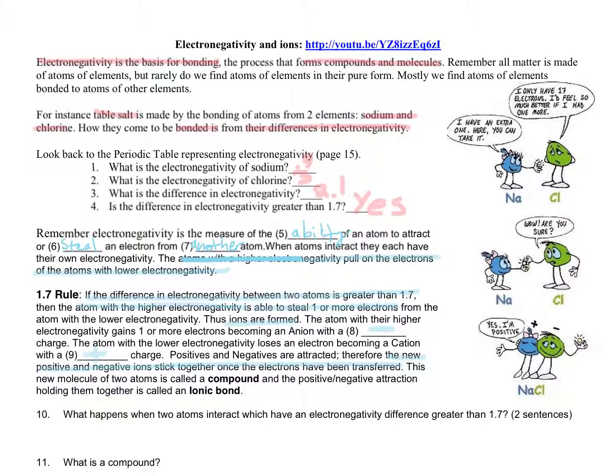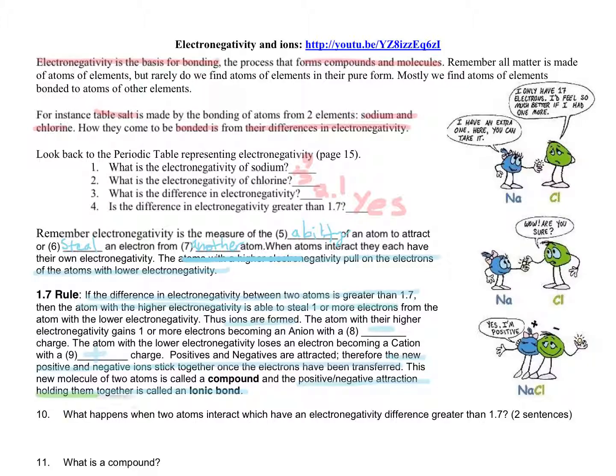The high electronegative one steals an electron from the low electronegative one. And then the one who stole one becomes negative, the one who lost one becomes positive, and now they can't separate from each other. Now we have a positive and a negative right beside one another, and they're stuck together. That is the bond. This positive and negative attraction holding them together is called an ionic bond.